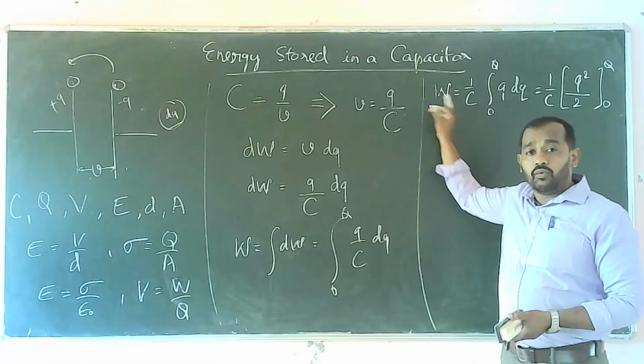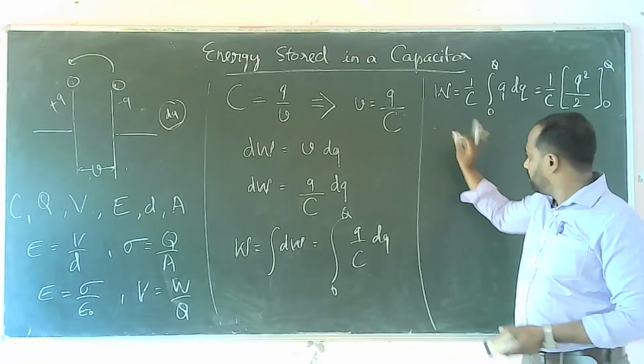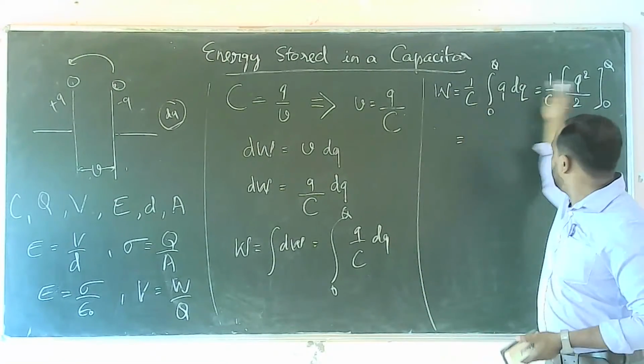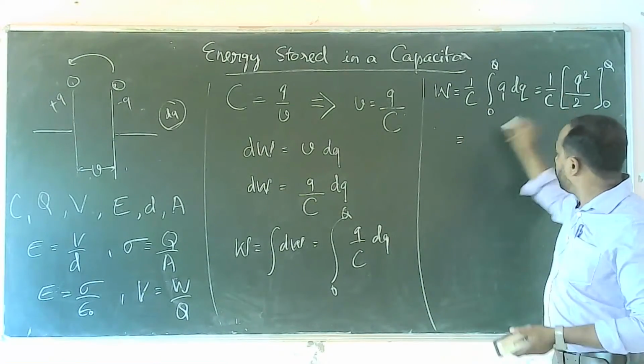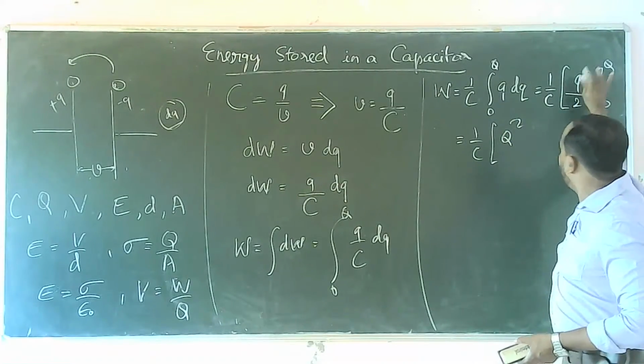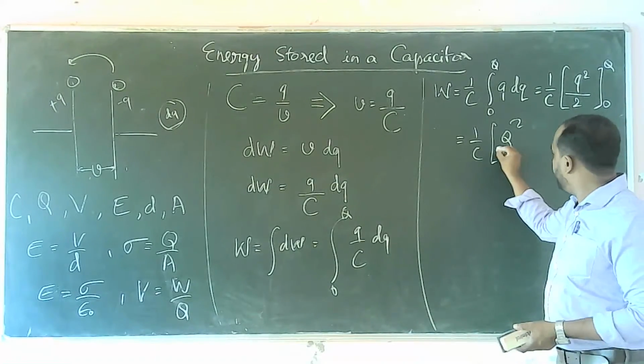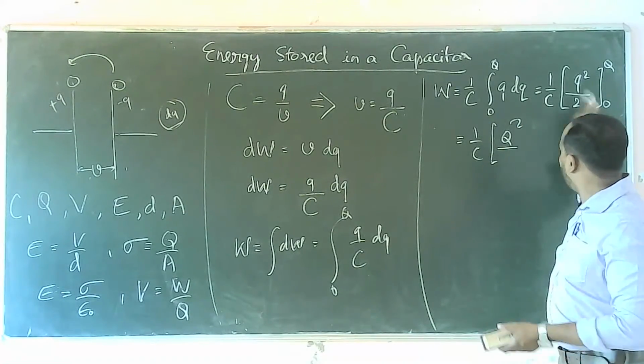And this amount of work done is stored in the form of potential energy. So how, we will discuss later. So therefore it will be equal to 1 by C into Q square, substituting the value of the upper limit, divided by 2, or I will take the 2 outside the bracket.